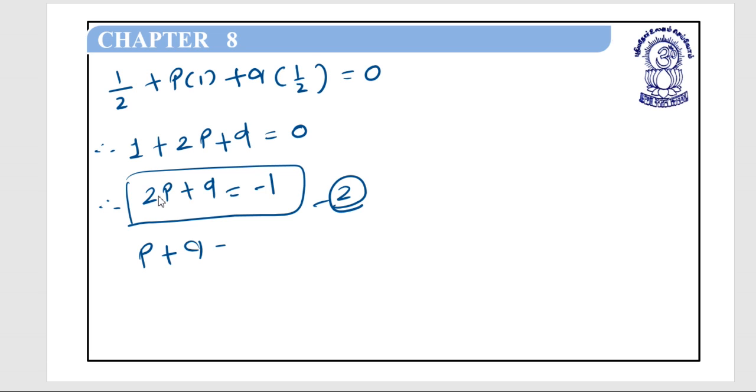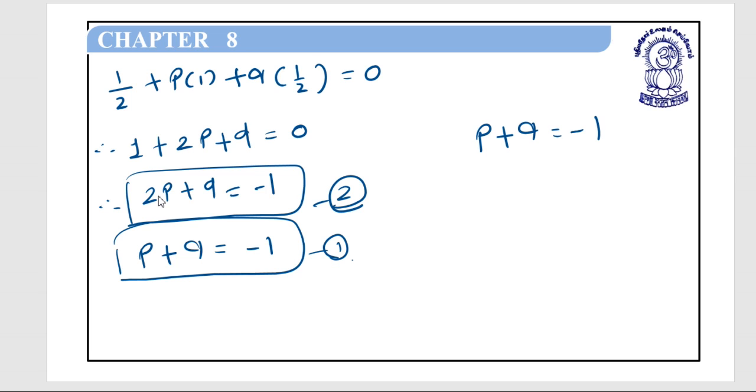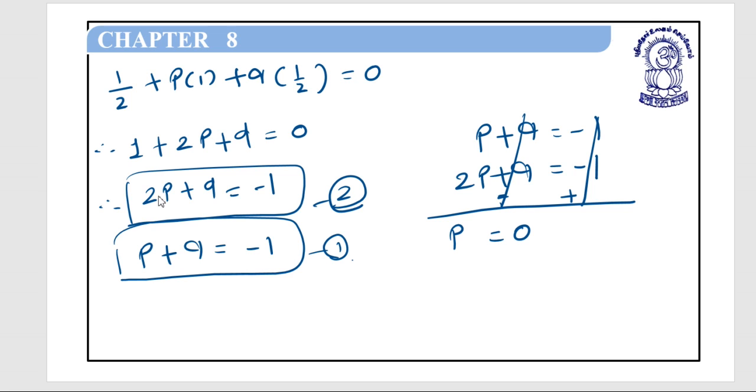Equation 1 is p plus q is equal to minus 1. Solve this. p plus q is equal to minus 1, 2p plus q is equal to minus 1. So q minus q cancel, minus 1 plus 1 cancel, 2p minus p, p is equal to 0.